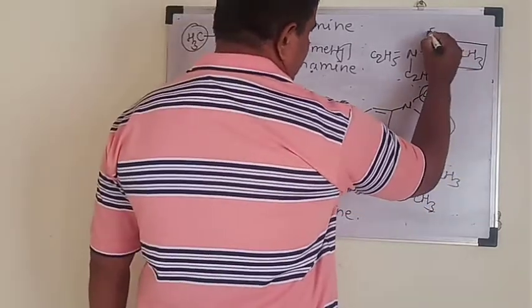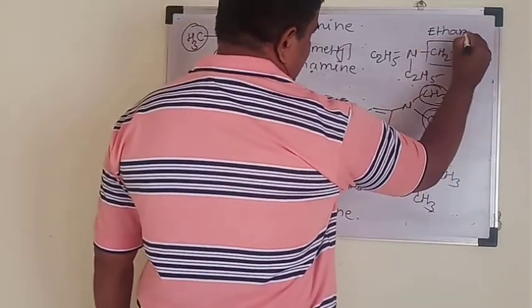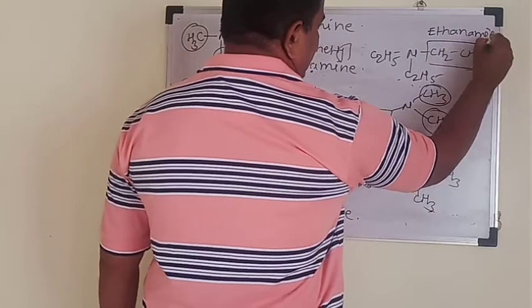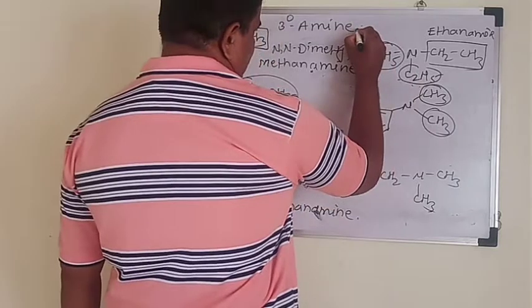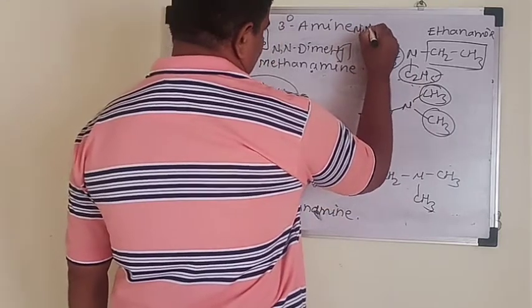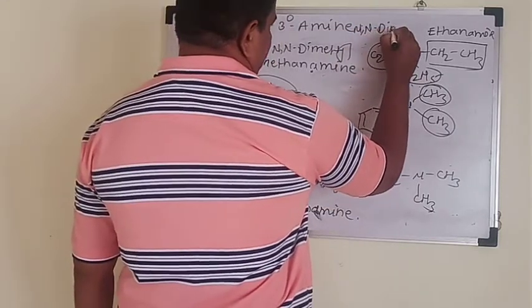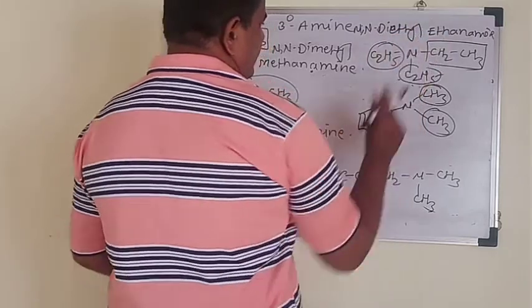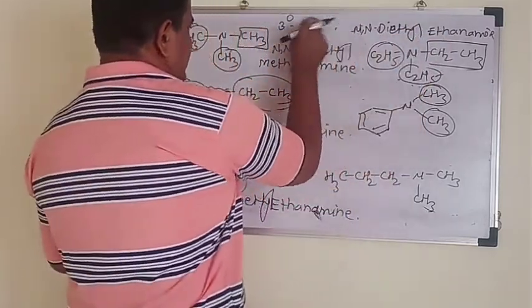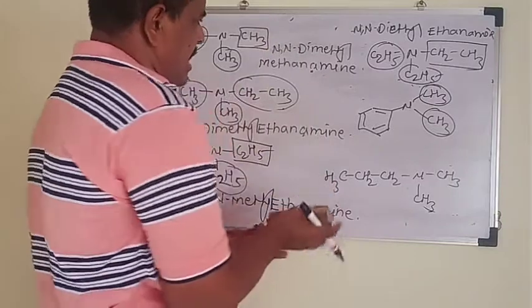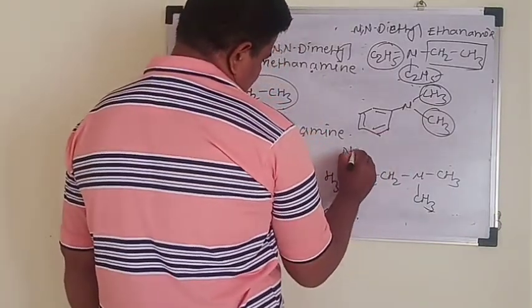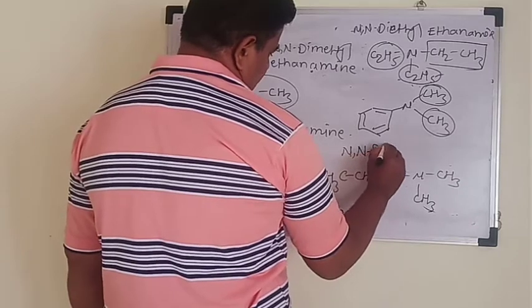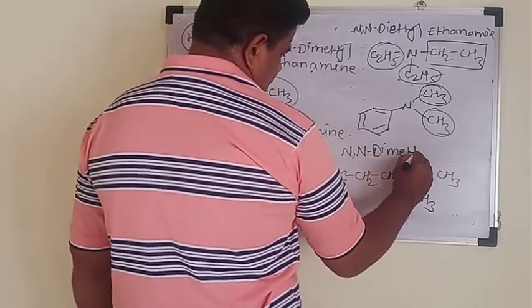Here, all three groups are identical, and hence first we have to select one group. So it becomes ethanamine. Two ethyl groups are present on the nitrogen. Hence, we can write this as N,N-diethyl ethanamine. So its name will be N,N-diethyl ethanamine. Name of this compound is N,N-dimethyl aniline.